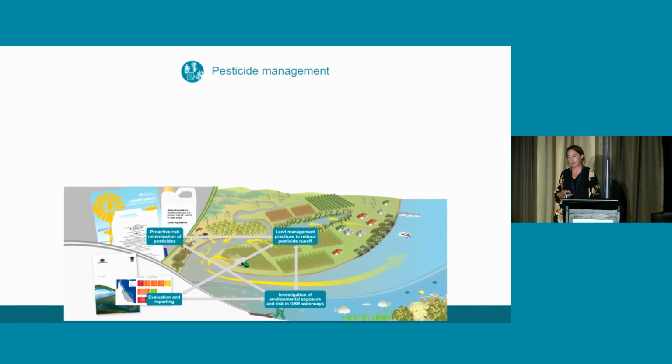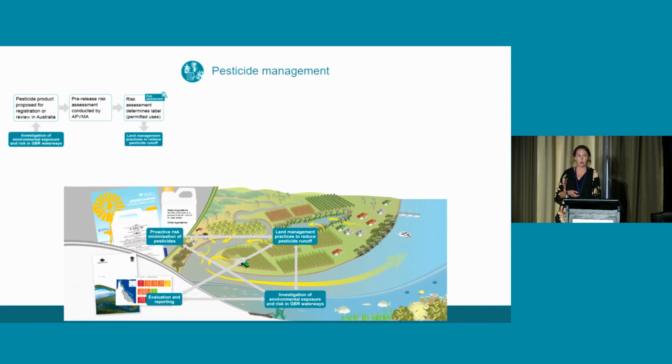So the first one is the proactive risk minimisation, and this happens with the Australian government. The APVMA is responsible for this, and Janine Knight from the APVMA contributed this part of the conceptual model. You can see there's a multi-step stage there, where this is before any pesticides are actually released to market.